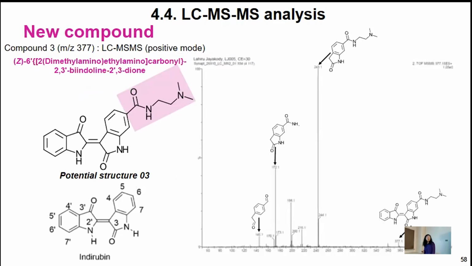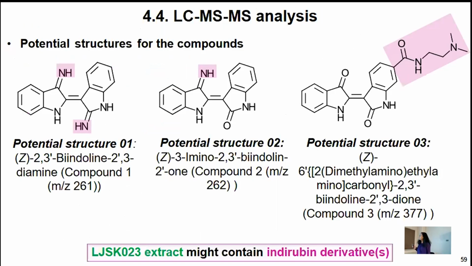Then, this is the fragmentation pattern for the abundant molecular ion, which had the mass by charge ratio of 377. And this is the functional group that has been added at the 6th position when you compare it to indirubin. So based on this LC-MS data, we were able to predict 3 potential structures of the compounds that might be present in the extract.